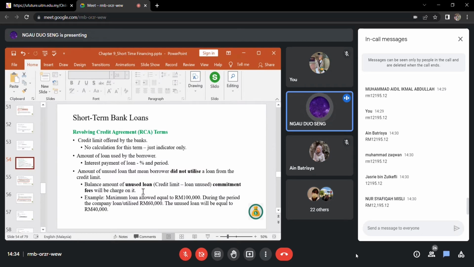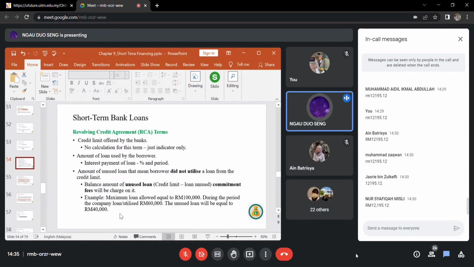Alright, so this is one. Tapi kalau yang 60,000 ini yang syarikat pinjam, dia akan charge interest, betul kan? Kalau you pinjam duit, bank akan charge interest. Untuk 40,000 yang balance, walaupun syarikat tidak pinjam, the bank masih akan charge fees.